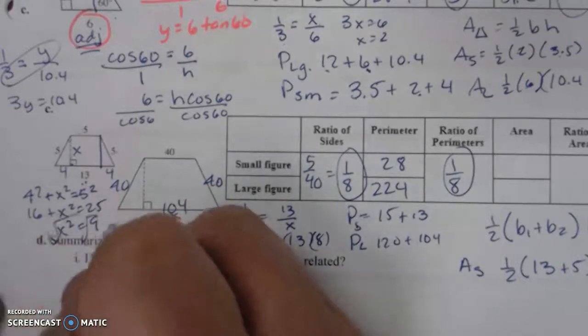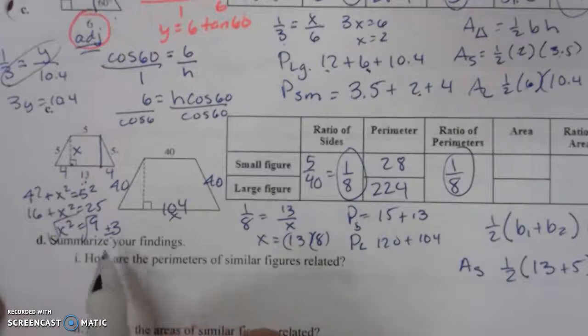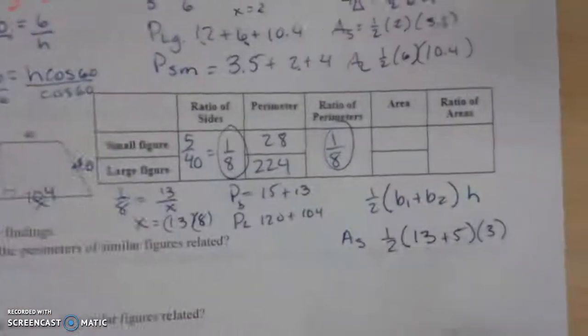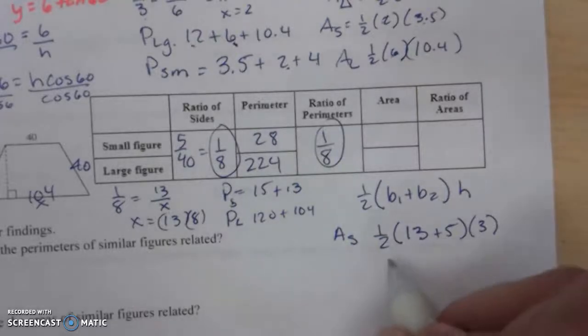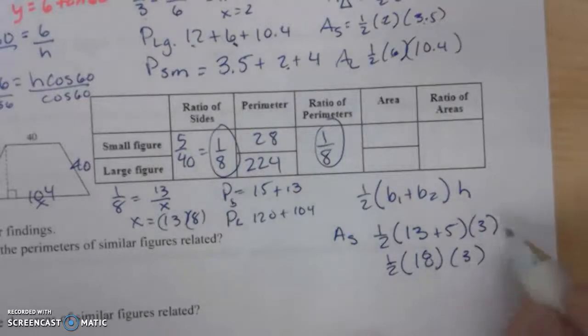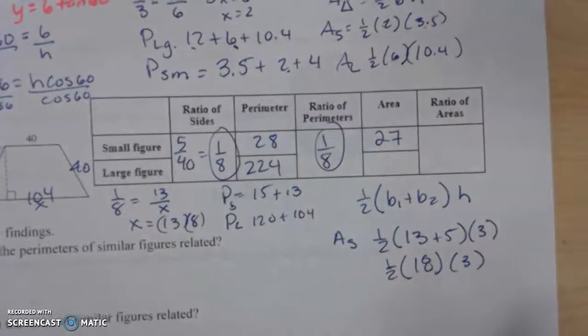When I take the square root, I'm going to get positive or negative 3. Since we're talking about length, it has to be 3, because I can't have a negative height. I'm going to come back over here and I'm going to see my height is 3. So this is going to be 1/2 of 18 times 3. 1/2 of 18 is 9. 9 times 3 is 27. So there's a 27 there.